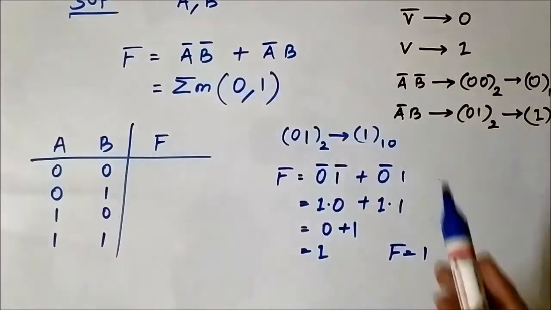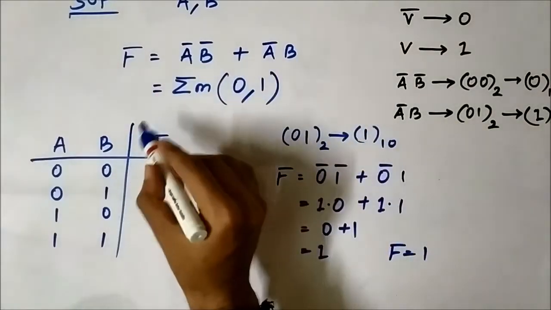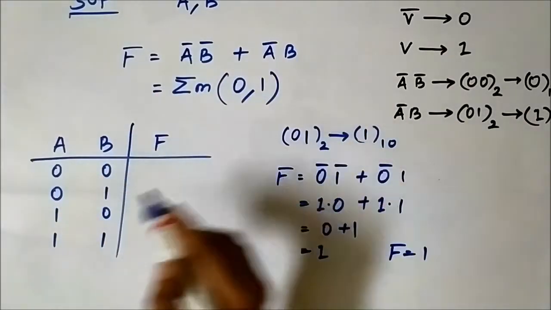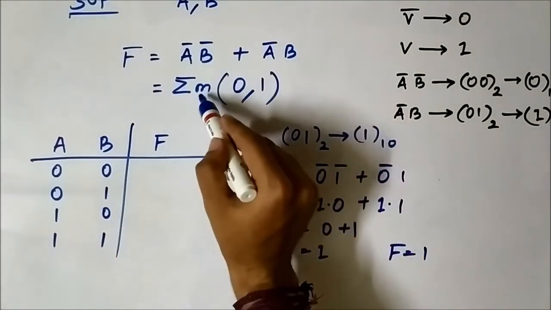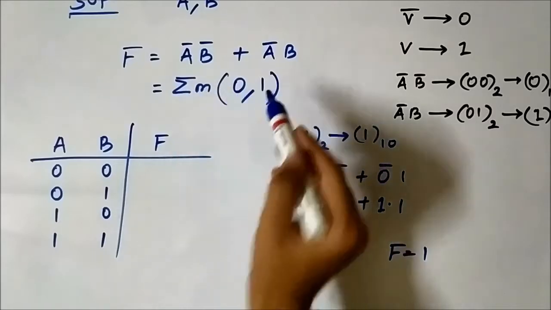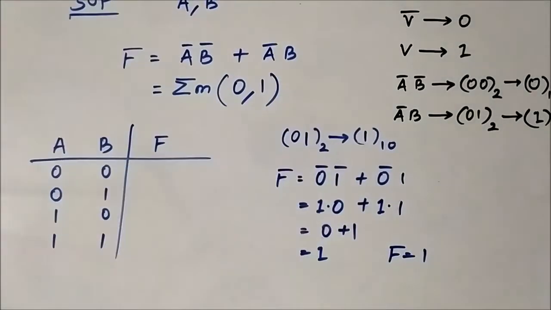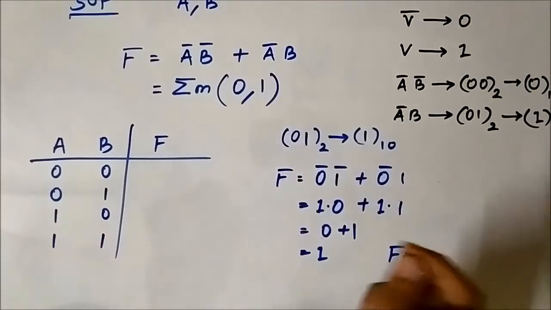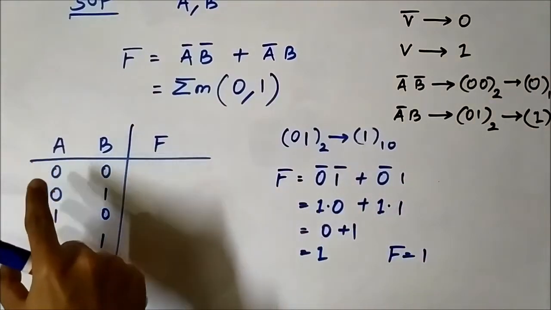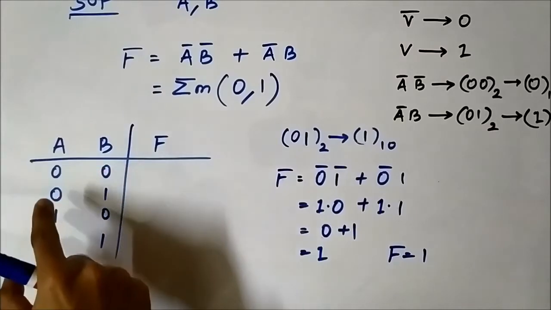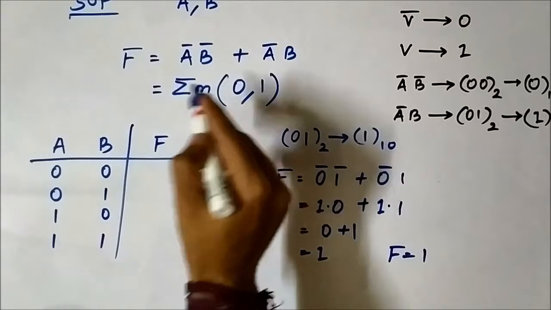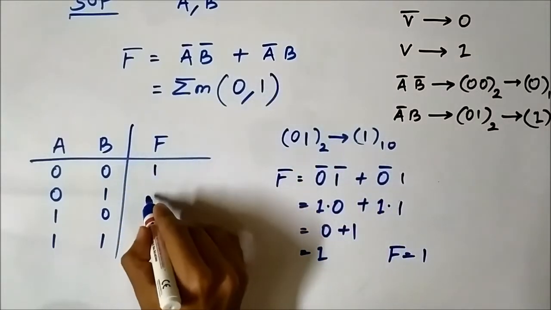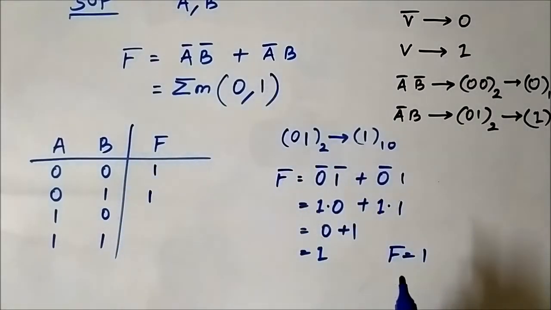The output Boolean expression is again 1 for the second input combination, A is 0, B is 1, which is also present in the min terms expression. So we have evaluated that for A and B both 0, and for A equal to 0, B equal to 1, the Boolean expression is logic 1.